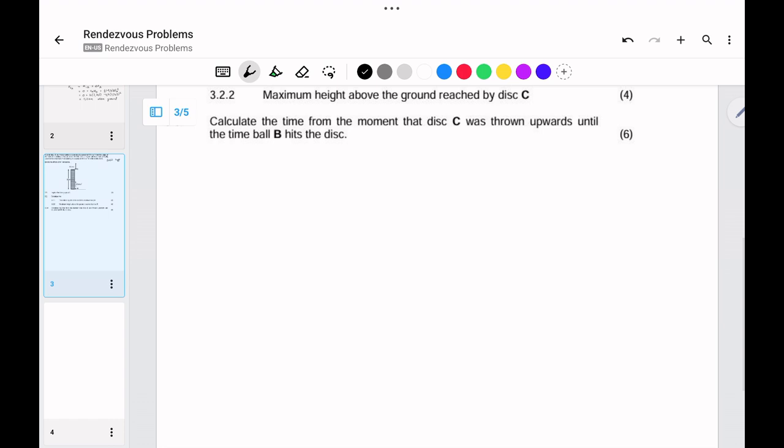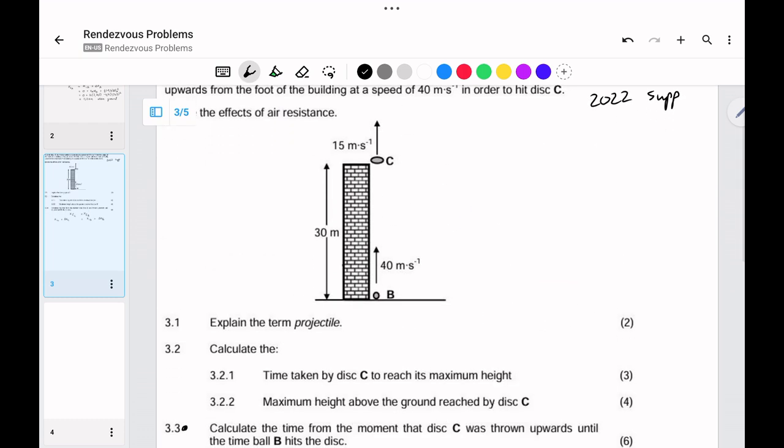I'm simply going to write out the key equation. Let me just write this first. The final position of C is the same as the final position of B. And for that, I will write x initial for C plus delta x C is equal to x initial B plus delta x B. And again, we have our initial velocities for both.